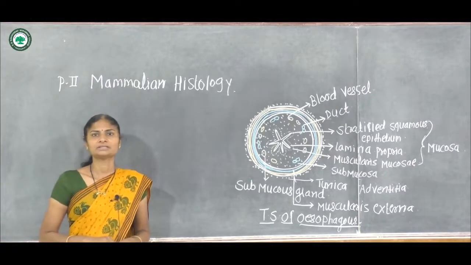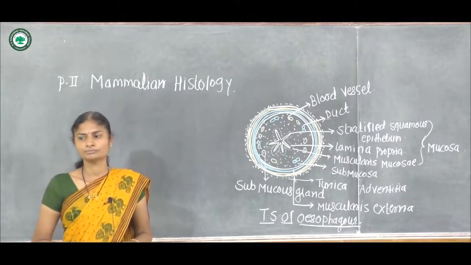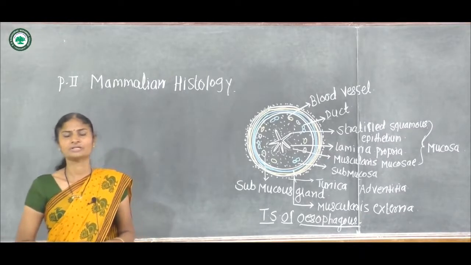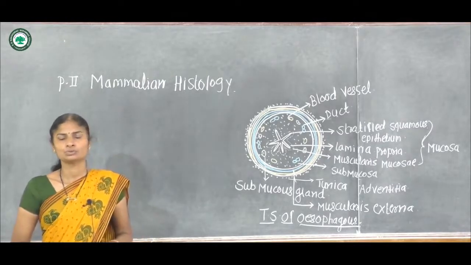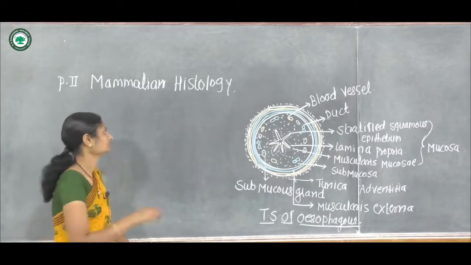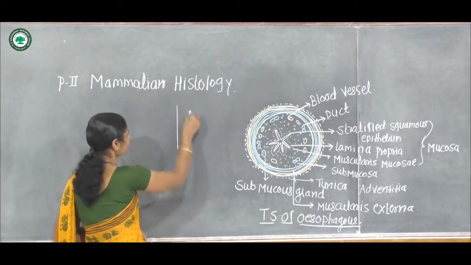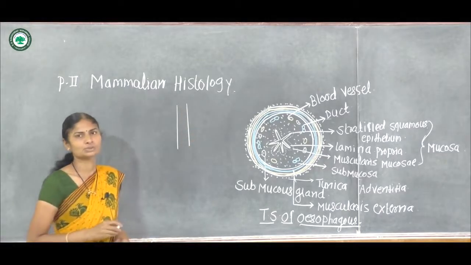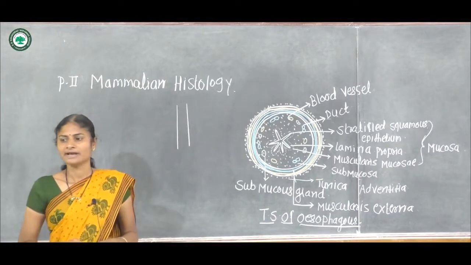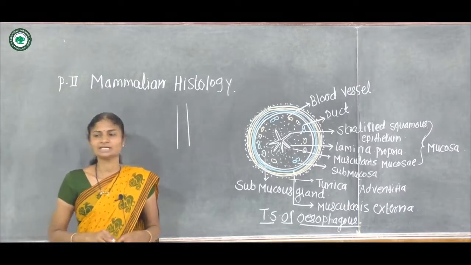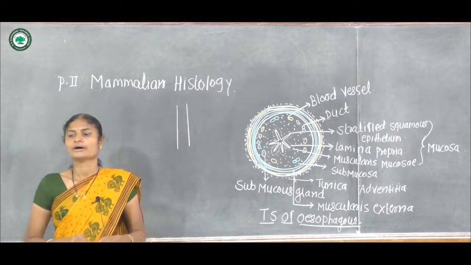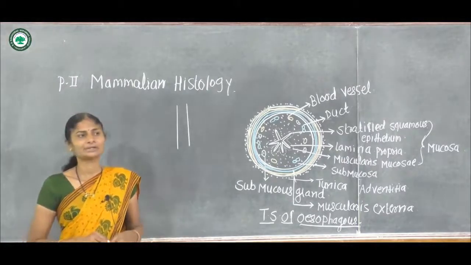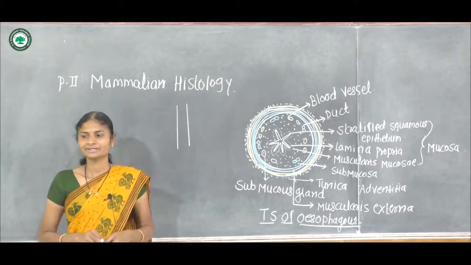The esophagus is a muscular tube through which food is carried from the pharynx to the stomach, and this esophagus also has to accommodate a wide variety of food and drink.